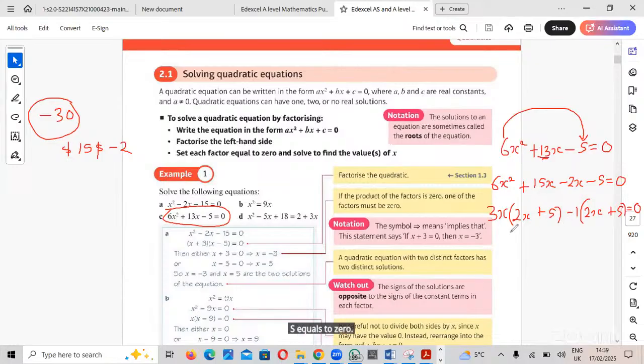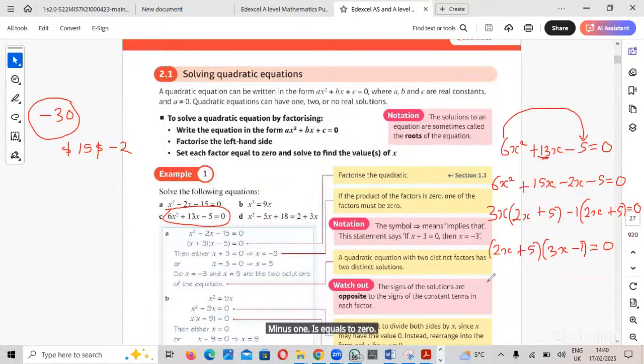So it gives us 2x plus 5 into 3x minus 1 is equal to 0.